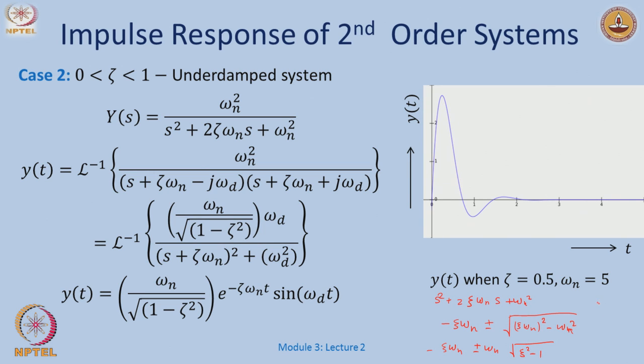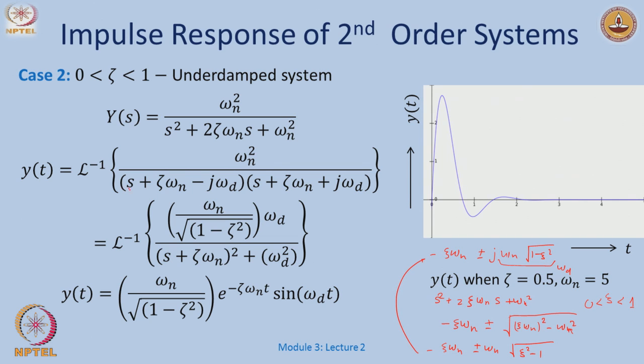Okay. Now, when zeta is less than 1 and of course greater than 0, this will become a complex number, and therefore the roots will look like this: minus zeta omega n plus or minus j omega n square root of 1 minus zeta squared, and this quantity I will call omega d.